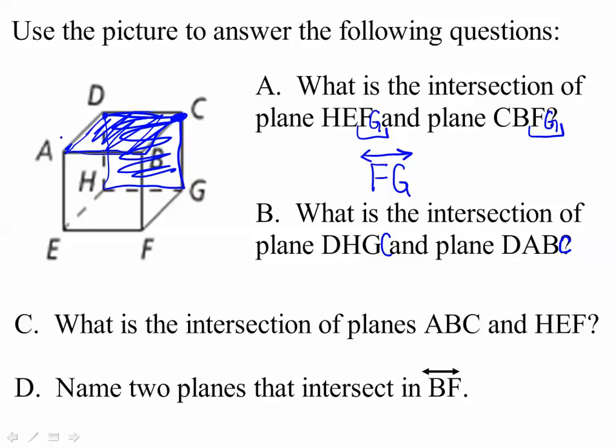So if I look at my picture, I have the top of the box and the back of the box, and they fold at DC. I can also tell by looking at the names, they both include D and C. So the intersection is line DC.